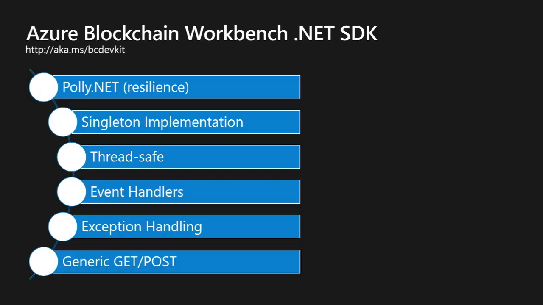And there's also an integration with Polly.NET, which is a resilience library to retry, because maybe your application is not responding as quickly as you want, and because transactions that are put on the blockchain have to be confirmed. A proof of authority Ethereum network is relatively fast, but it's not instant.